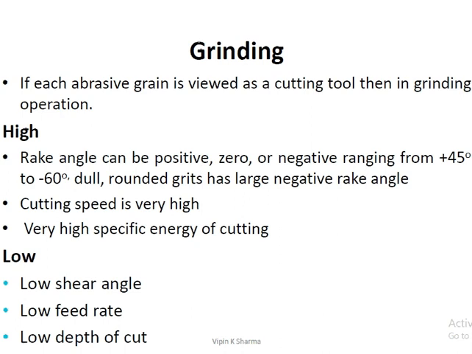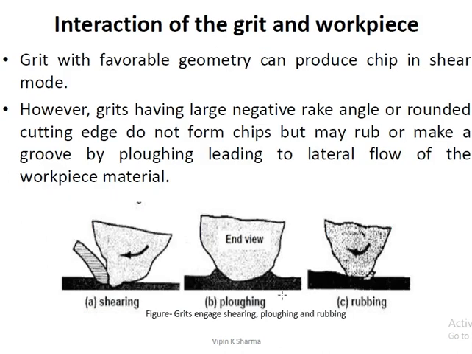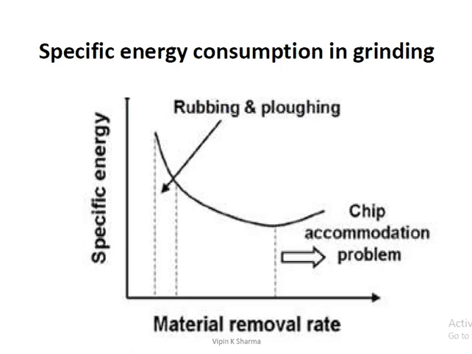Okay, so these are some questions. Please go through this. This is the diagram of the specific energy consumption in the grinding process. As you can see, during the rubbing and plowing processes, the stock material removal is very less. On the other hand, the energy utilized in the grinding process will be very high.